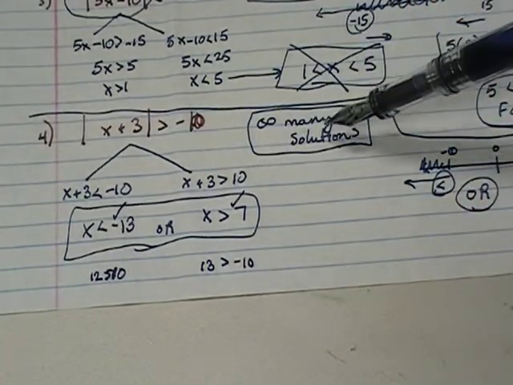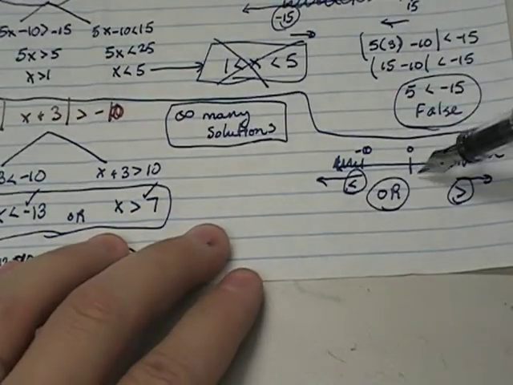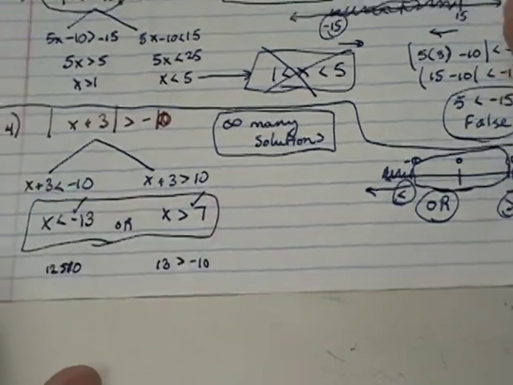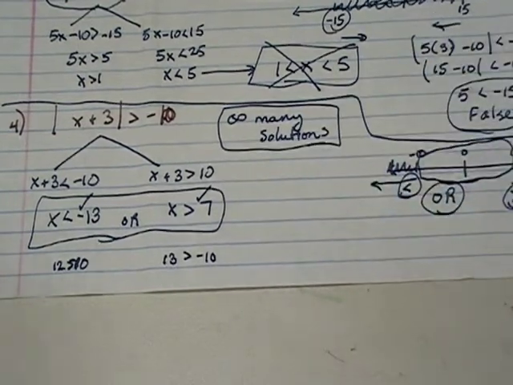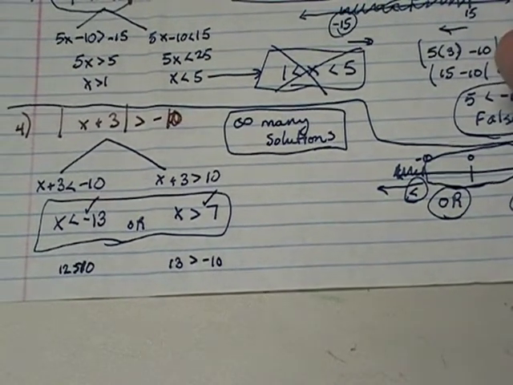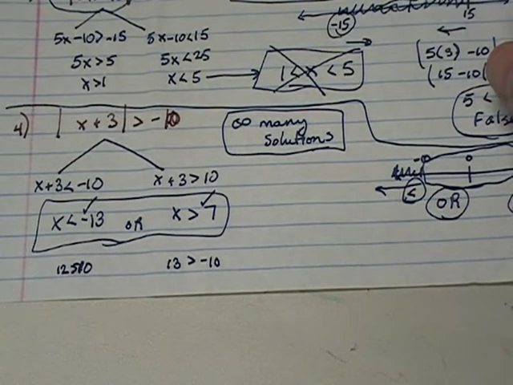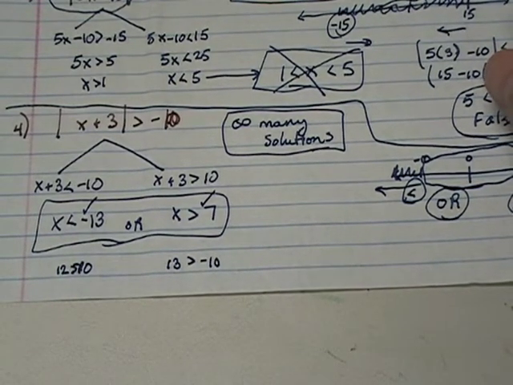But let's go backwards for a second. I said there were infinitely many solutions. So let's try something in the interval in the middle. We'll pick a number between negative 13 and 7, because our answer says it has to be less than negative 13 or greater than 7. What if I pick a number in between?